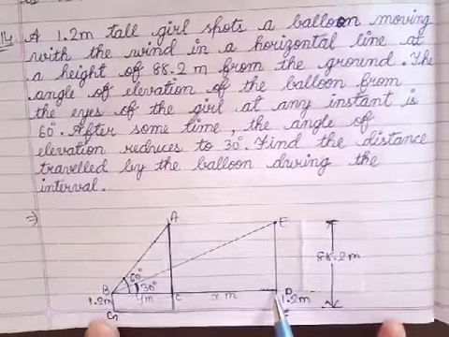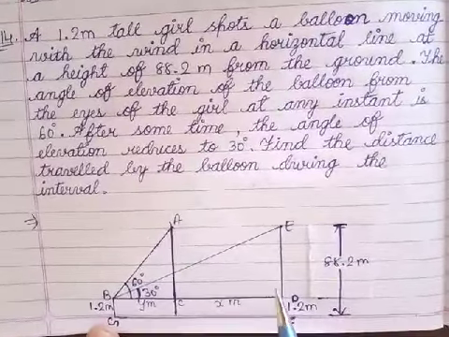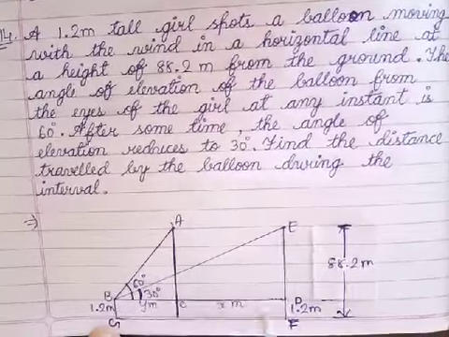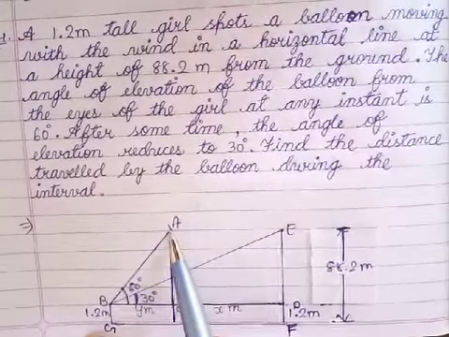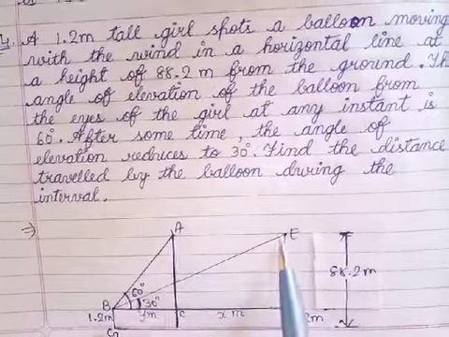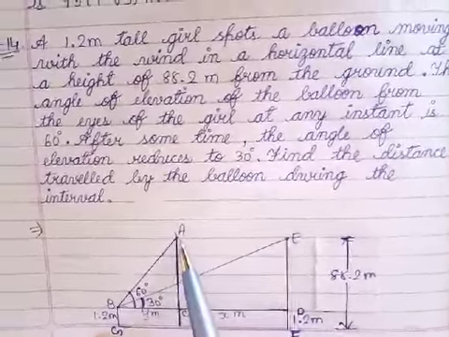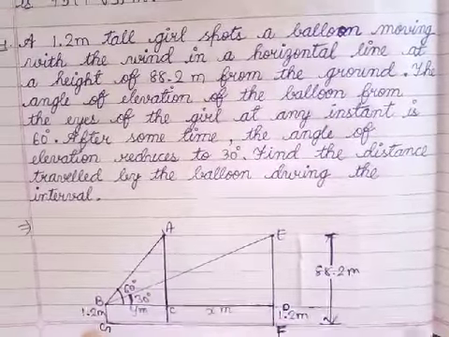The distance traveled by the balloon during the time interval means DC, or in short it is AE. But since ACDE is a rectangle, AE will be equal to CD.